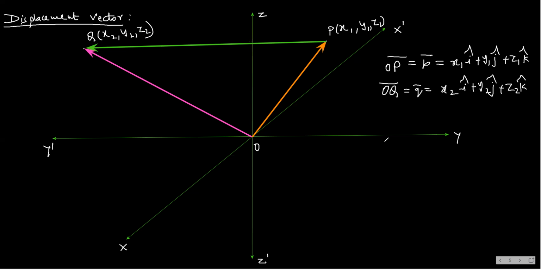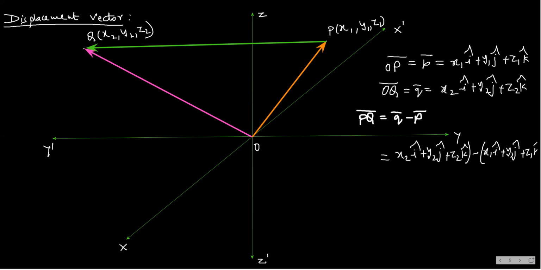So how will I write vector PQ bar? We have already done in earlier lectures the displacement vector. PQ bar will be given by Q bar minus P bar. Q bar is x2 i cap plus y2 j cap plus z2 k cap, minus x1 i cap plus y1 j cap plus z1 k cap.